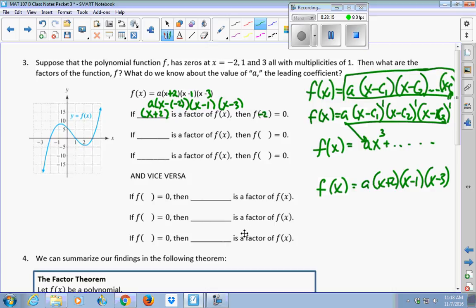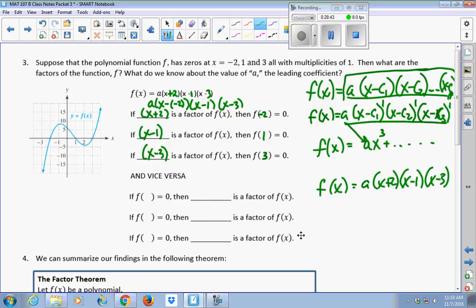Whatever makes this factor a 0, x being -2, makes the whole polynomial equal to 0 because this is multiplication. And anytime one of your factors is 0, the whole thing has got to be 0. So if x minus 1 is a factor, then f of what is 0? 1. Just look at your factor. What makes that 0? If x minus 3 is a factor, then f of 3.